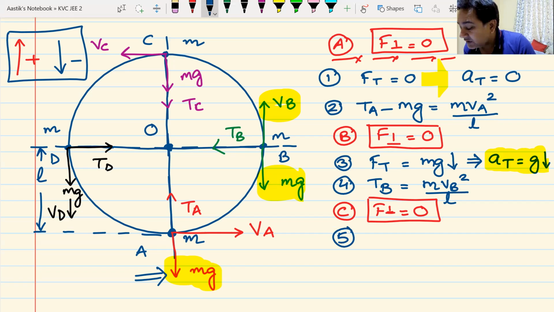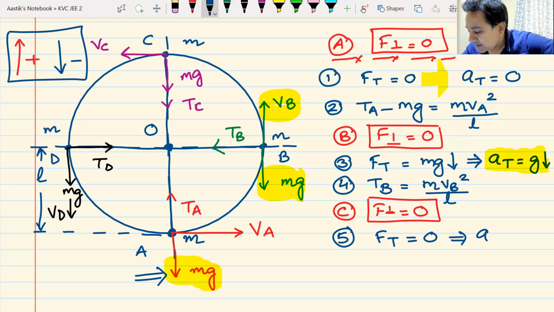Equation number 5 is the equation in the tangential direction at point C. Can anyone tell me what is the equation? Ft equals 0. Yes, as you can see, Ft is equal to 0. So now we are getting the hang of things. Ft is equal to 0, which implies tangential acceleration is also equal to 0.